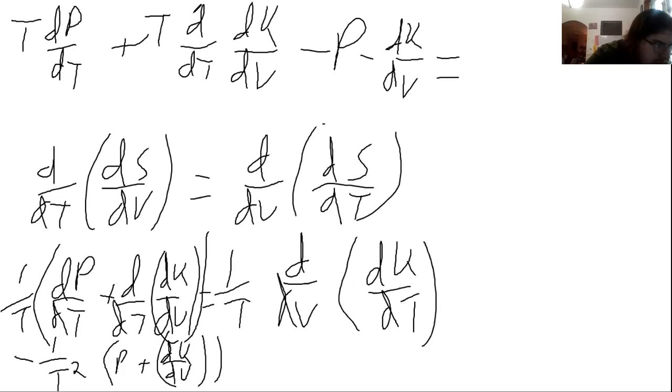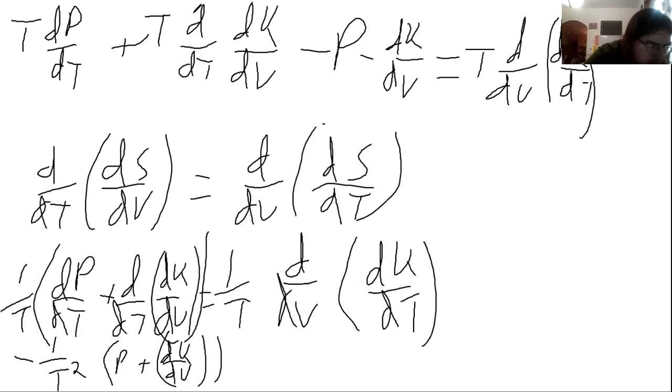On the other side, we have t d over dv du over dt. Now we're going to try to simplify this.